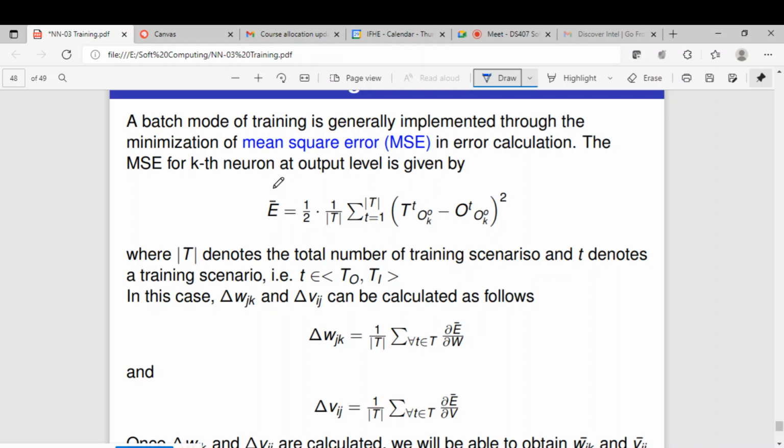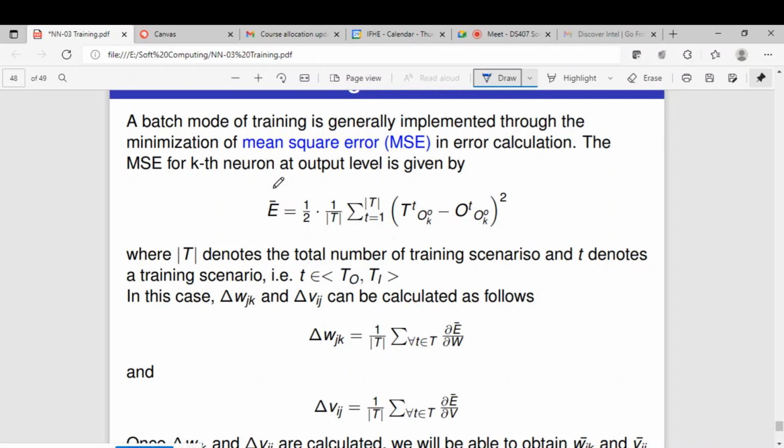So t_ok means the target output of the first input minus the observed output of the first input whole square, and that will be added with the target output of the second input minus the observed output of the second input whole square, and so on and so forth. Like that we calculate this E bar, which is the error.